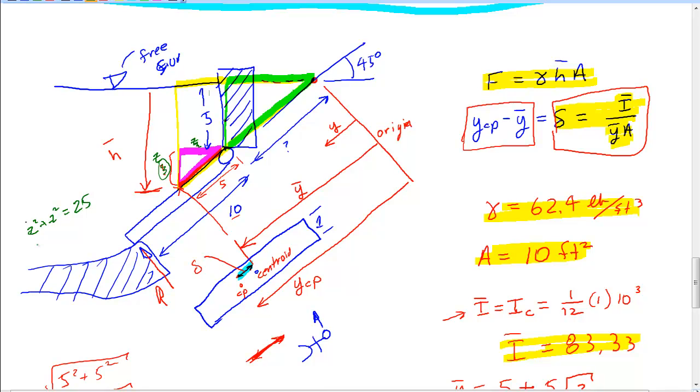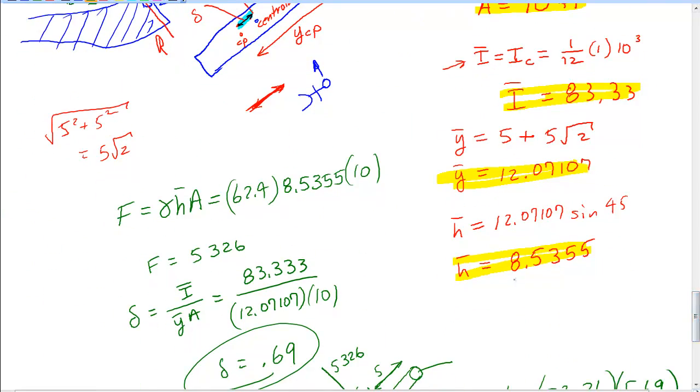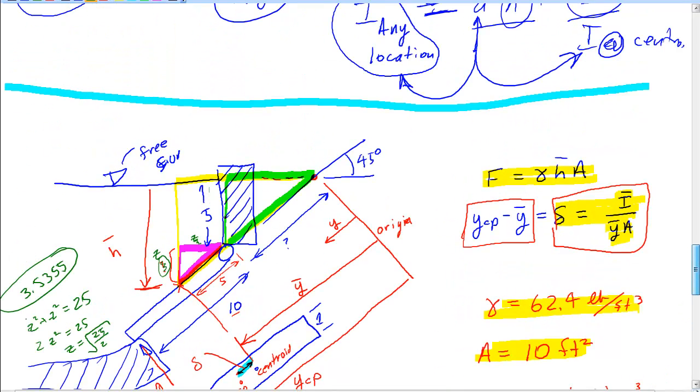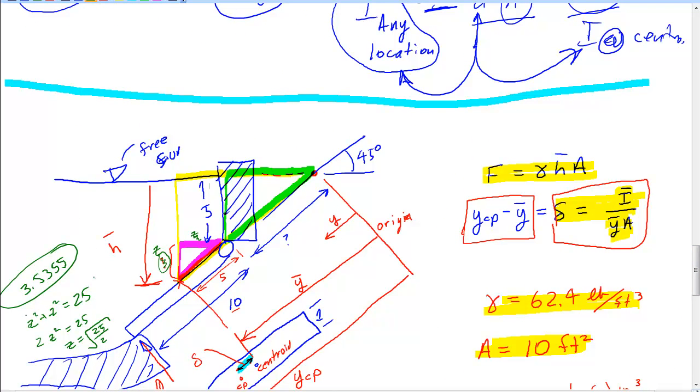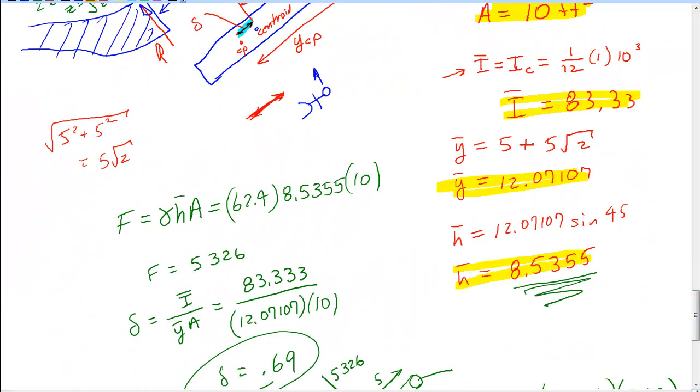So z squared is equal to 25 over 2, or z is equal to 5 divided by square root of 2, which gives you 3.5355. Now, do you notice anything that looks like that in here? That is that number minus 5. Add 5 to our value there, and you get 8.5355. Same thing as this.